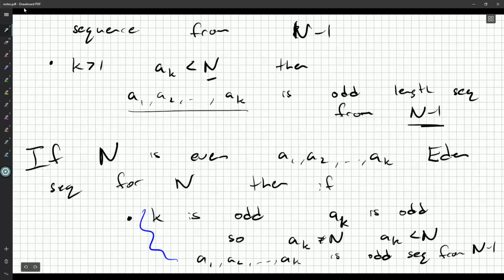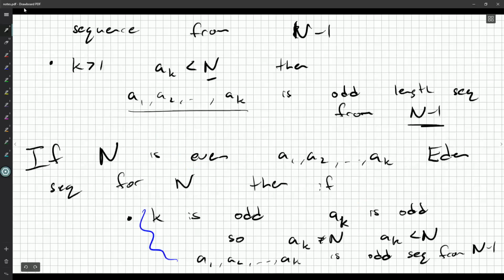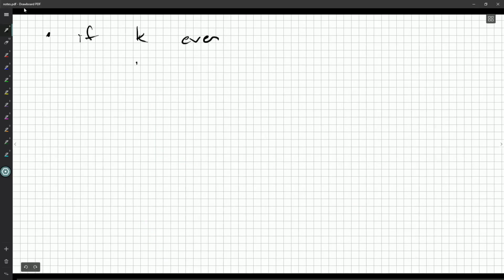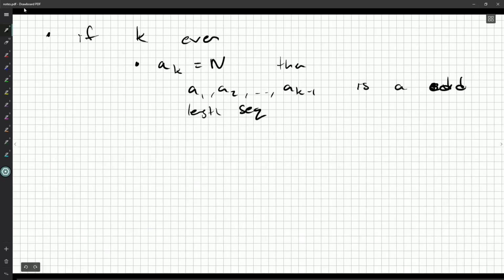And now if you're even, if k is even, then we have only two possibilities. Because you can't get k equals 1. K has to be at least 2. So if AK is n, then take away that term, and you get an odd length sequence from the previous terms.